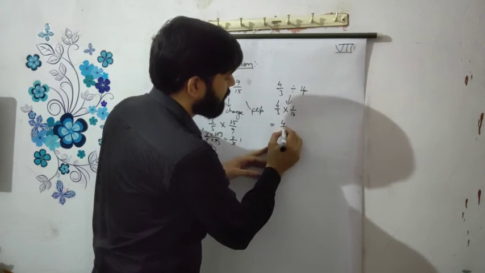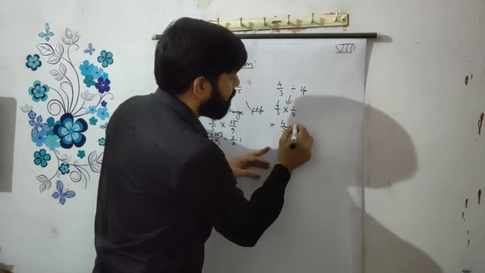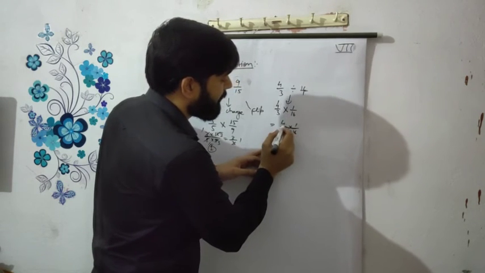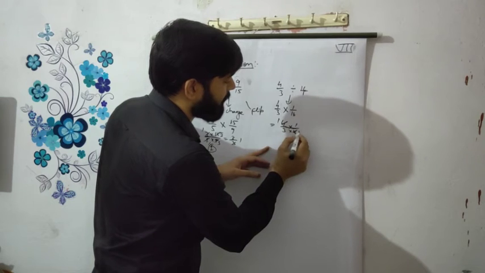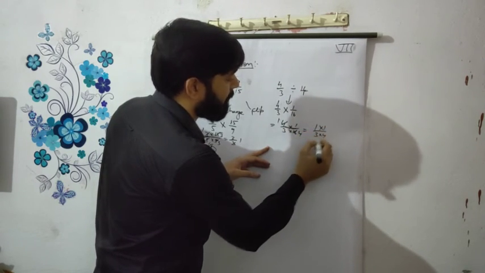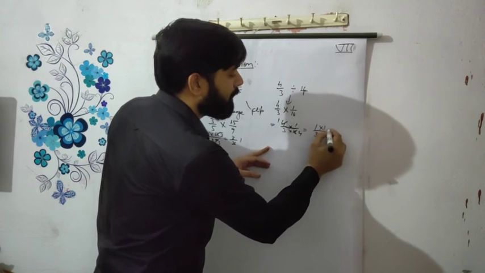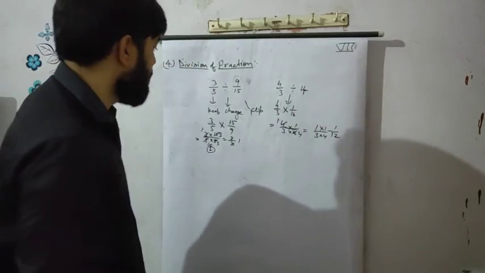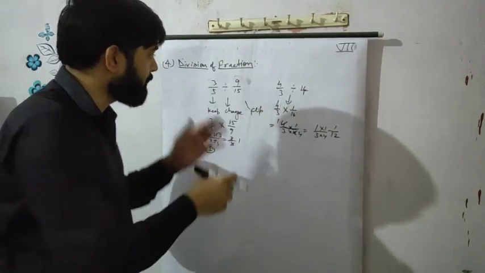So 4 upon 3 multiplied by 1 upon 16. Which numbers are divisible here? 4 and 16. 4 ones are 4, 4 fours are 16. So 1 multiplied by 1 upon 3 multiplied by 4. 1 ones are 1, then 1 upon 12. 3 fours are 12. So this is all about division.